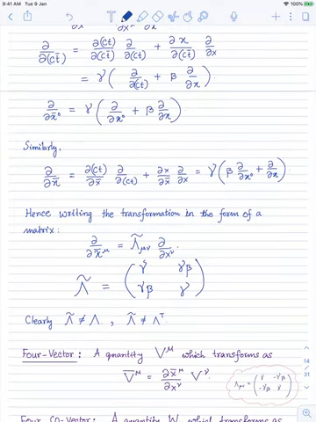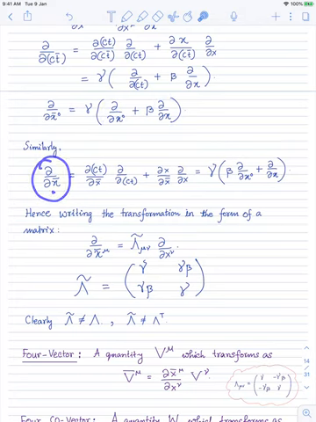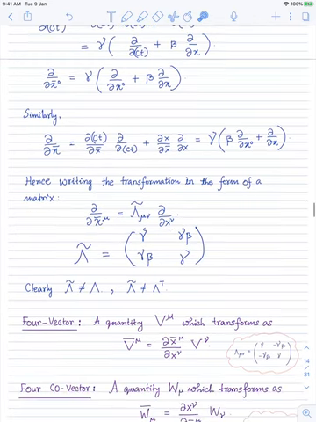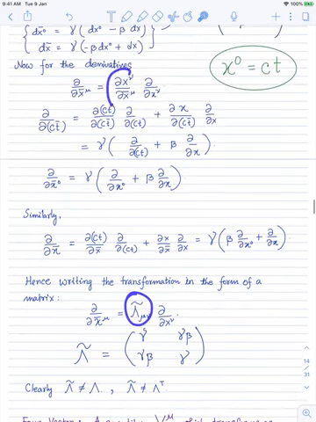So this is del x naught, del x naught bar, and this is del x naught, del x bar, and this is del x naught, del x. I'm just reading off the coefficients and writing them here as a matrix. So this matrix tilde is essentially this derivative here.